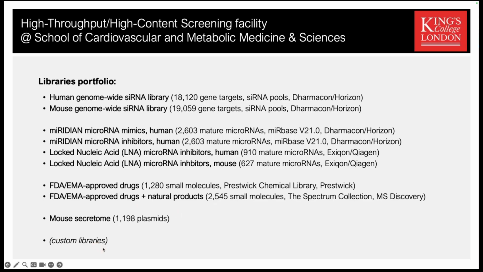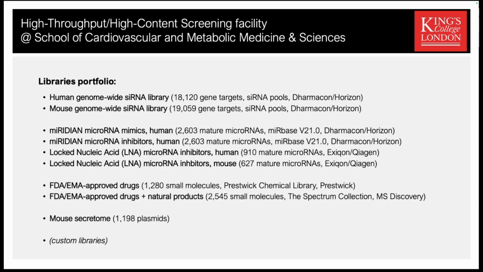And then we have the ability to do custom libraries from any of these libraries, but especially from the siRNA library. So if we are interested in a specific protein class, kinases, phosphatases, proteases, we can just screen that subset.